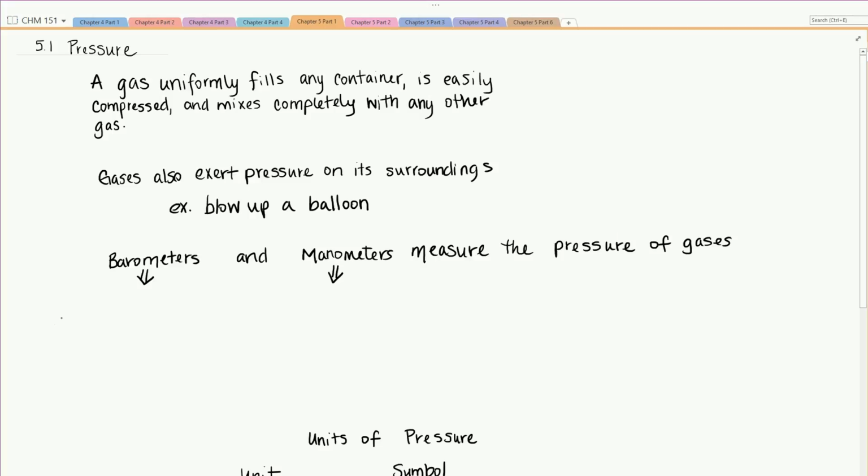So there's a couple of different ways to measure pressure. Barometers measure atmospheric pressure. And manometers measure gas pressure by measuring the height of a mercury column.